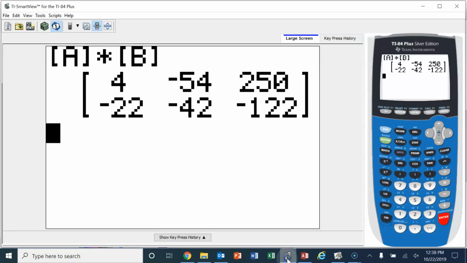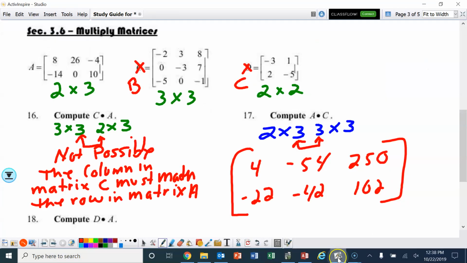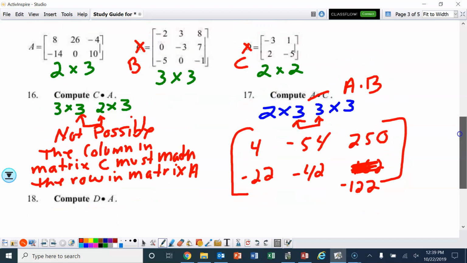Okay, I'm going to double check that. Negative 122. All right, that's better. Okay, so again on the calculator I used A and B. All right, hopefully that doesn't confuse anyone.